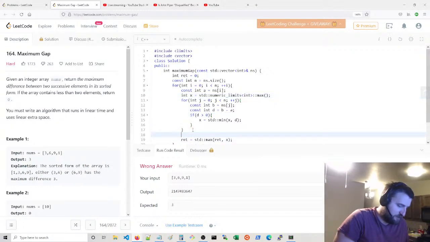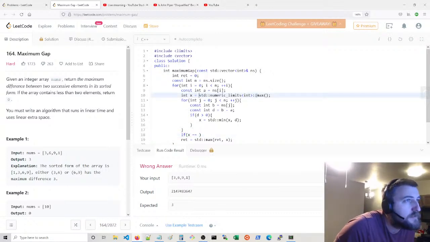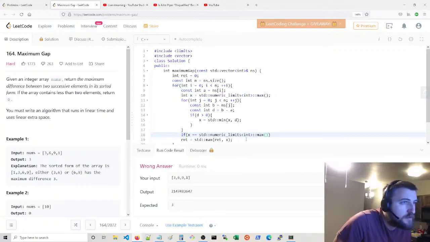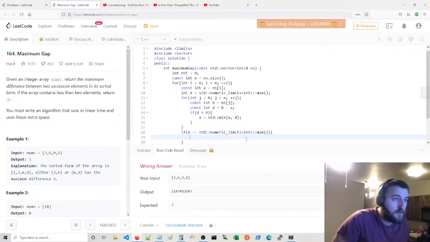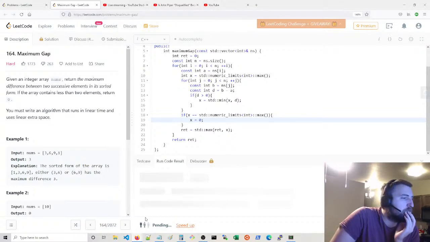Okay, let's see. Just see if this is at least correct. I don't know, just set it to 0 or something. In some cases that'll happen.